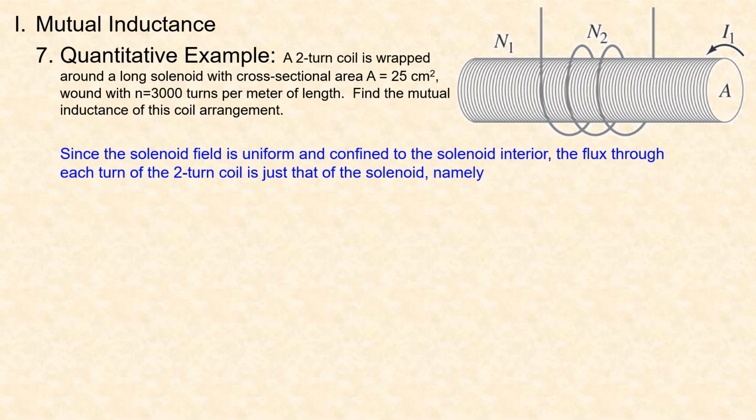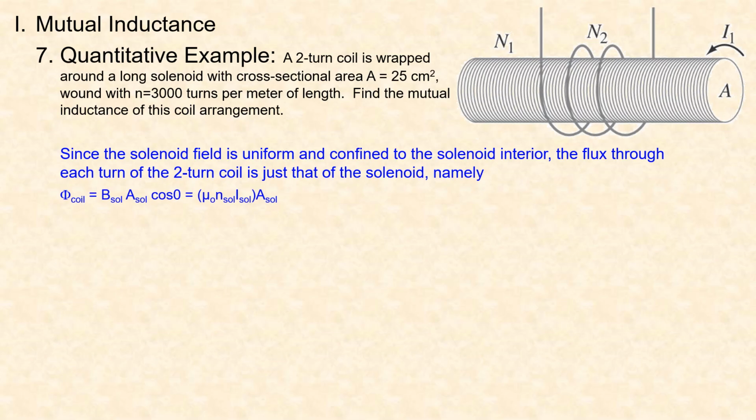Why this is important is because that tells us that the flux of the solenoid field through the two-turn coil is restricted to an area exactly equal to that of the solenoid, since we are assuming that there is no field outside of that solenoid.